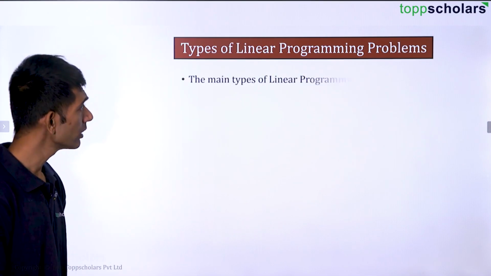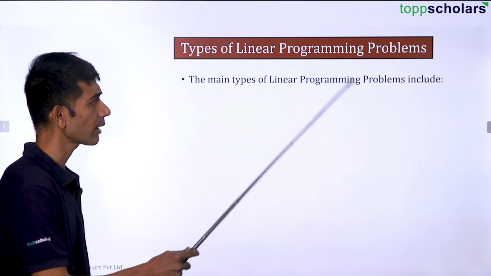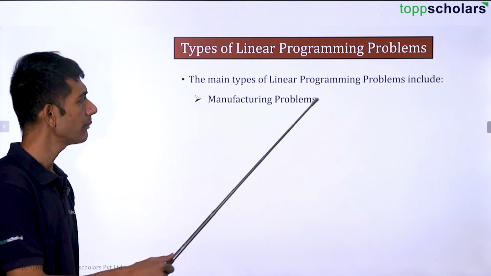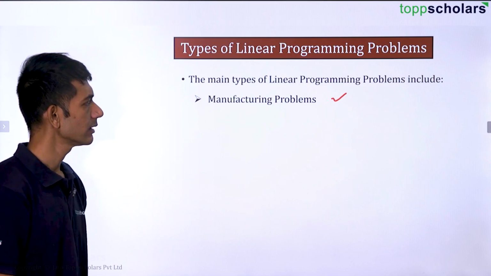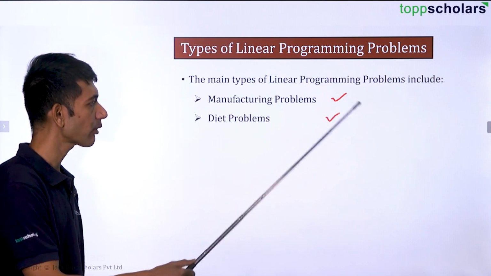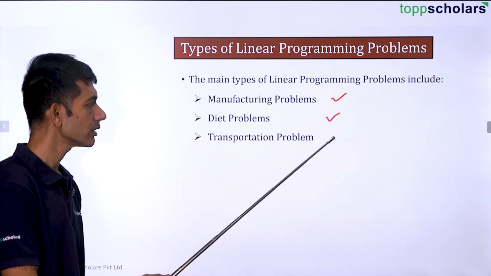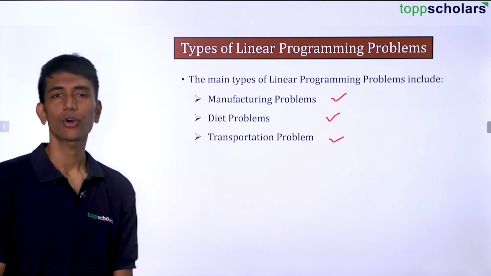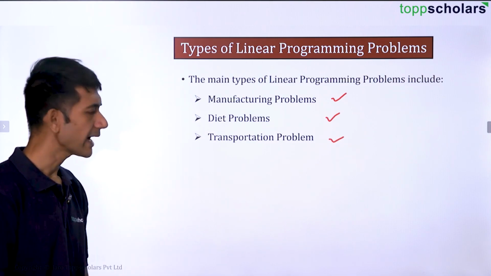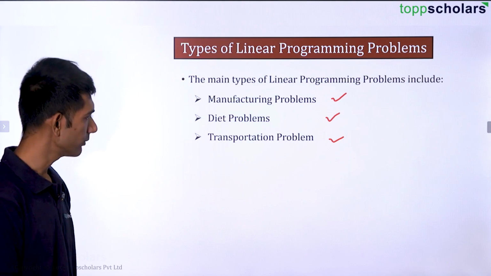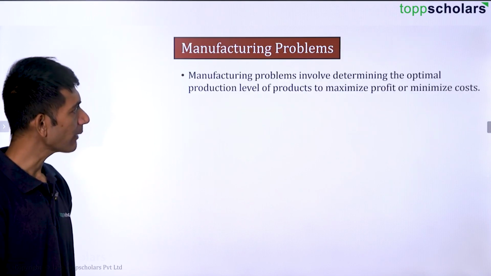Now let us talk about the main types of linear programming problem. They include manufacturing problems, diet problems, and transportation problems. Let us talk about manufacturing problems.